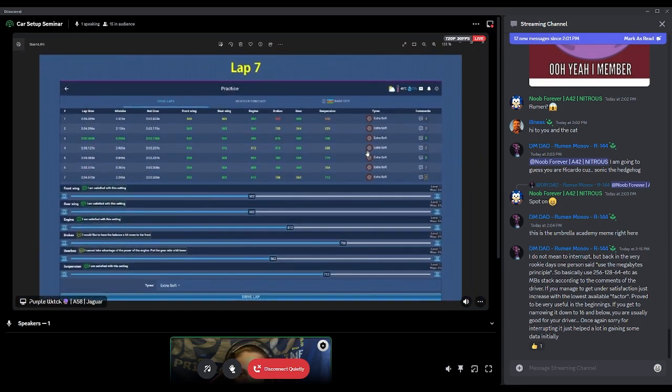So we have lap number 7. Lap number 7 is almost there in most of the values. We have already 1 possible point for the wings. We have 1 possible point for the engine, and we have 8 points.